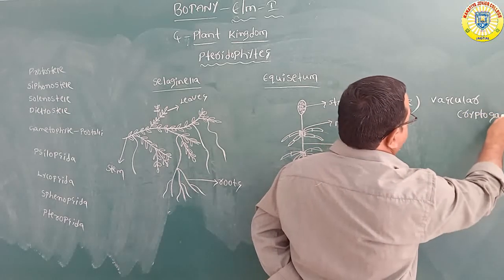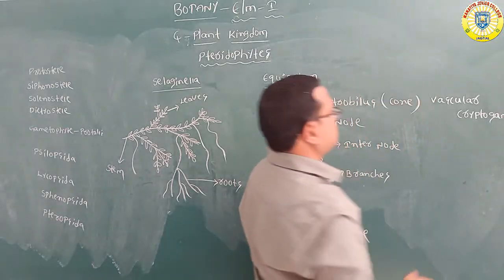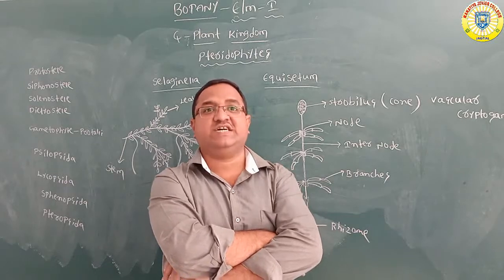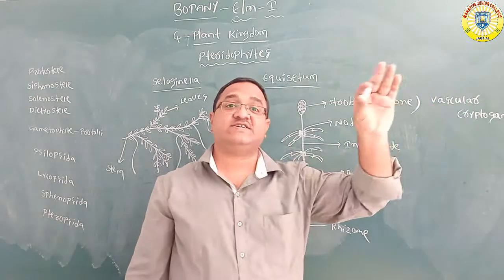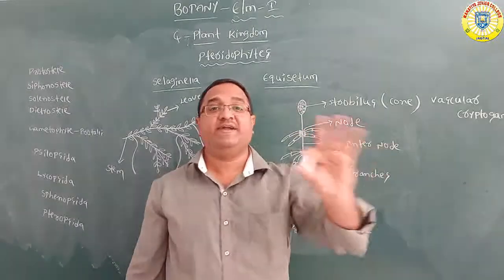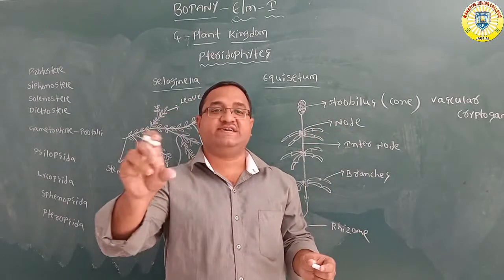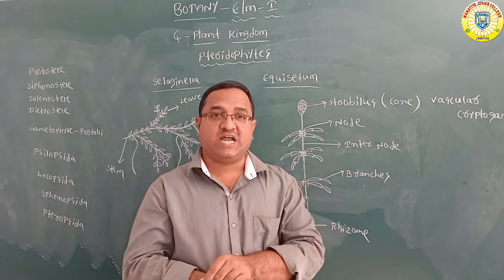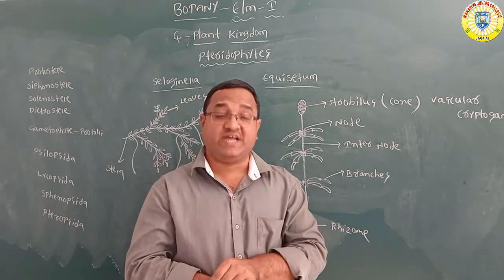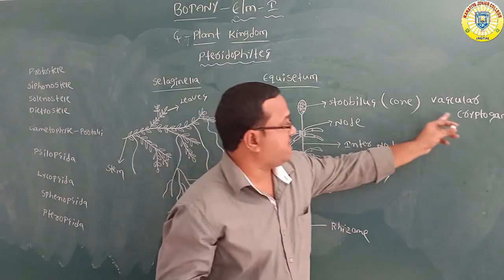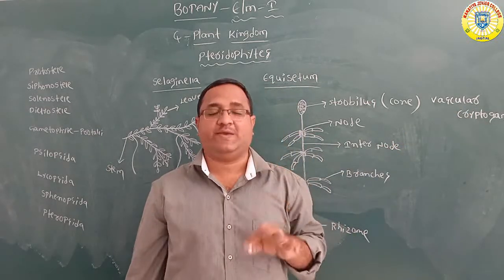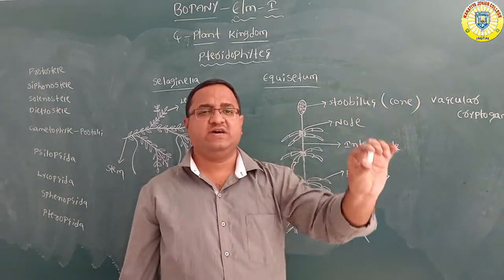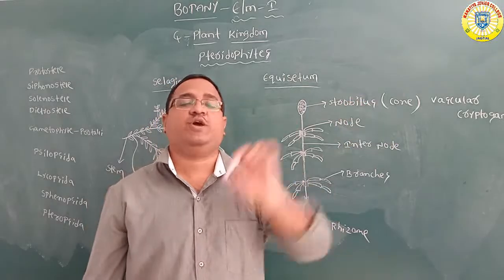These are the first land plants which contain a vascular system, vascular bundles. So vascular bundles we can see for the first time in pteridophytes only. Vascular cryptogams means non-flowering plants only. All pteridophytes are non-flowering plants, but they have vascular tissue, xylem and phloem.